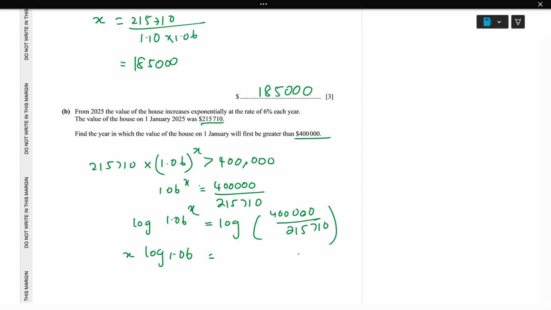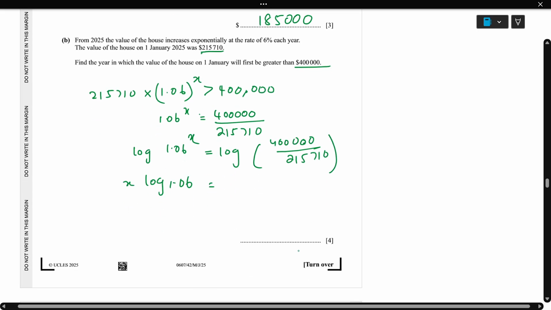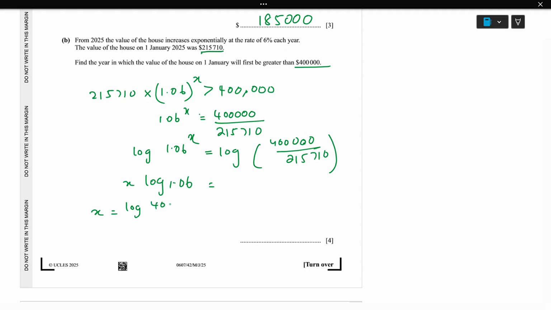Next line, x equals log of 400,000 over 215,710 divided by log 1.06. When you move it to the right side, it is divided by log 1.06.